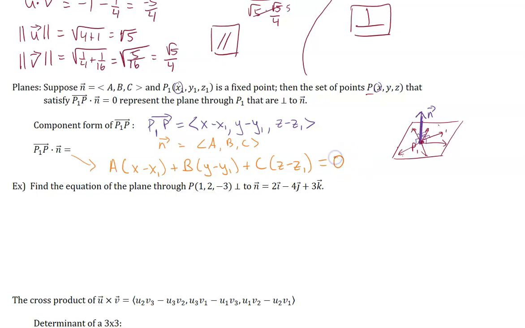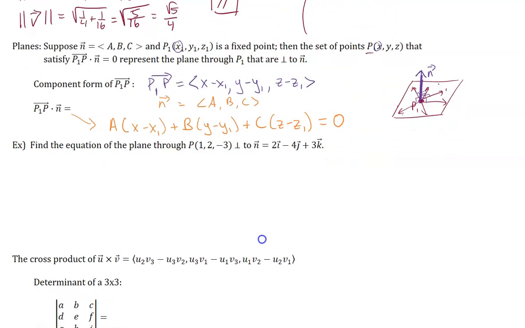So how does this represent the equation of the plane? Well, from here, we could just distribute our A, B, and C values and then move A times negative x1 plus B times negative y1 plus C times negative z1 to the other side. We could just add that to both sides to get our constant over on the other side, D to represent the constant.